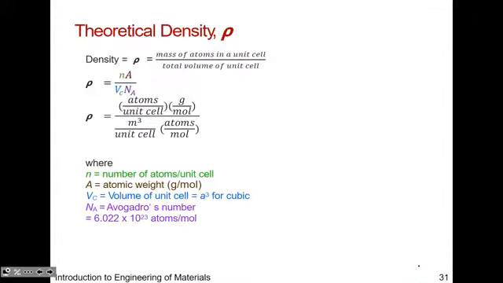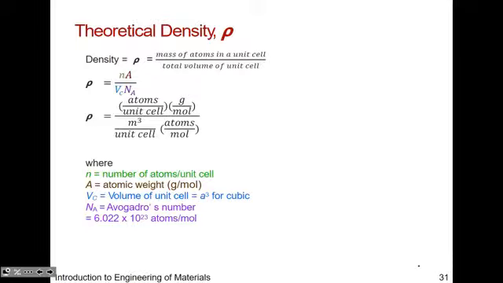Okay, so theoretical density. Very simple. As you recall, density is just mass over volume. The way we relate that to the number of atoms in a unit cell is defined here, where your density is the mass of atoms in a unit cell divided by the total volume of that unit cell. Once again, the total volume is defined by the geometry of your unit cell.